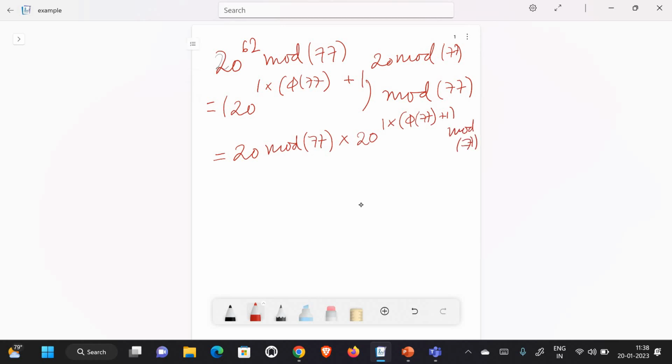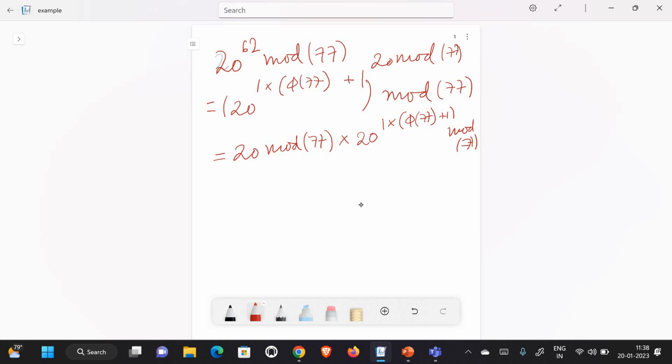Does that make sense? 20 mod 77 here. This is 1. This whole thing is 1 mod 77. Now this will be coming as 60. Now if you take the total power, it is 62. So this will be 1 and over here is 60. So 60 plus 1 plus 1, 62 will be the total power. That's what is going on in those in-between steps, as I said.